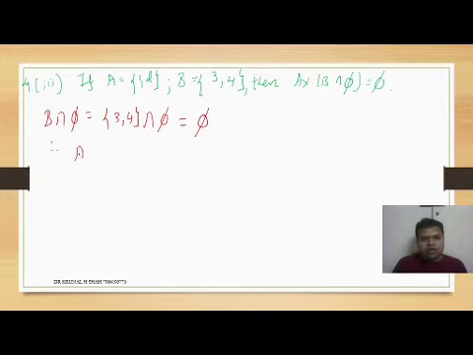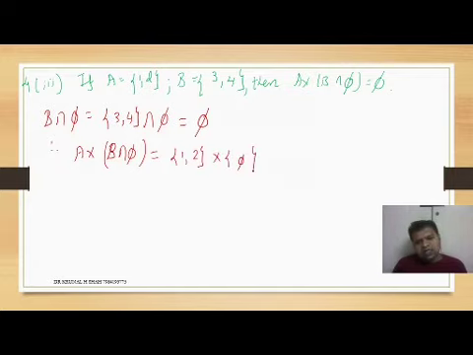Therefore, A cross (B intersection null set), that is equal to, what is A? So that is {1, 2} cross a null set, so that would be a null set. Therefore, the statement is true.